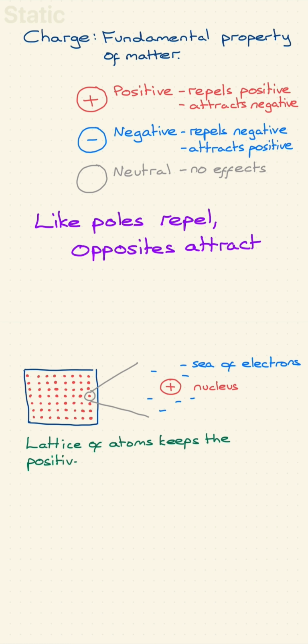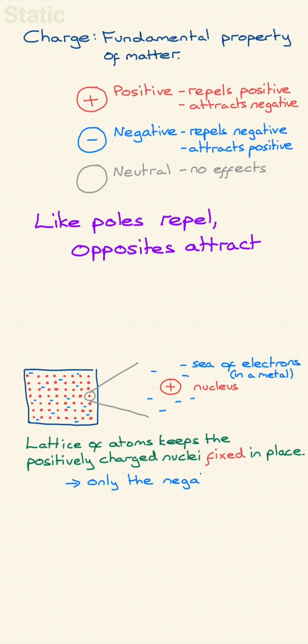The positively charged nuclei are fixed in place in the lattice and cannot move. The electrons, however, the negatively charged electrons, can move around, especially in a metal. So, for charge to move, it will be the electrons, the negatively charged electrons that move.